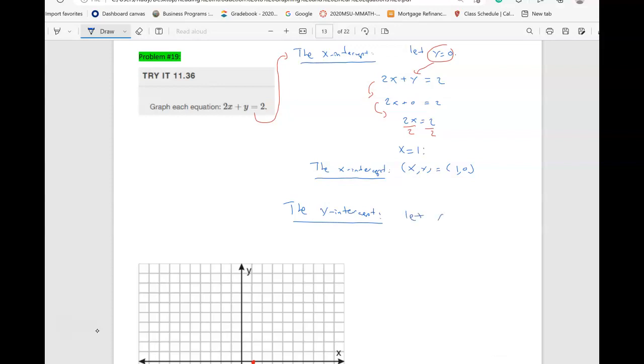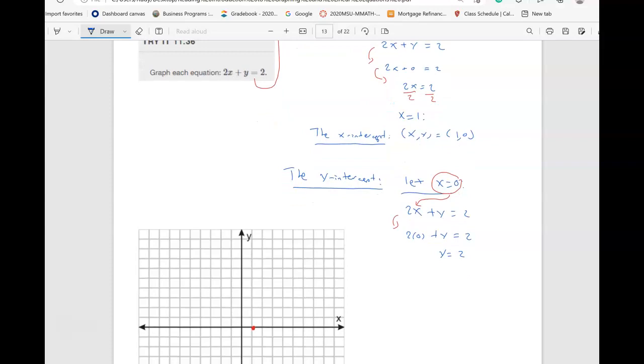So I'm just going to let x equal 0. And our equation is 2x plus y is equal to 2. So we're going to plug in x equal to 0 into this portion of the problem, which gives us 2 times 0 plus y is equal to 2, or y is equal to 2.